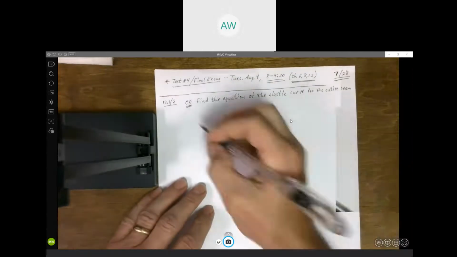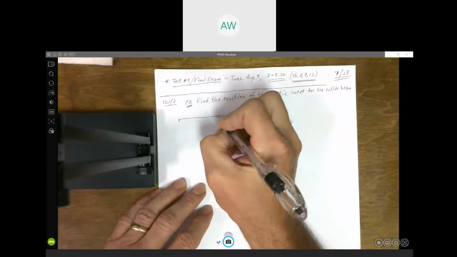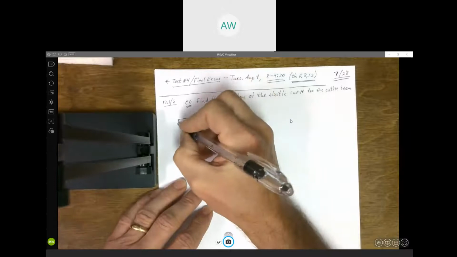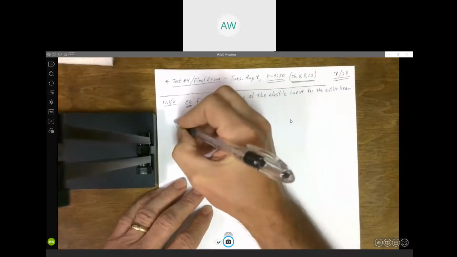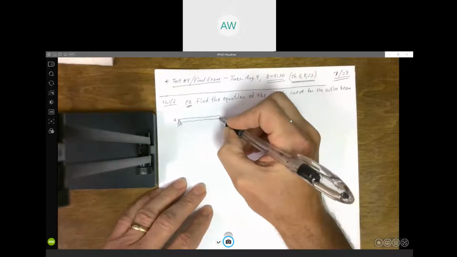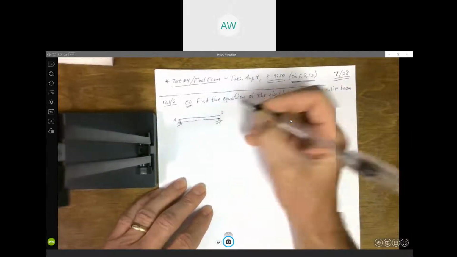And our particular beam here is a simply supported beam with a pin support at end A, roller support here at end B.